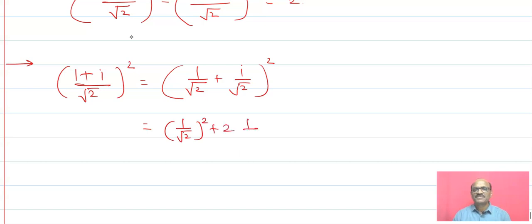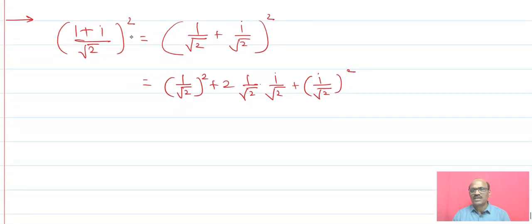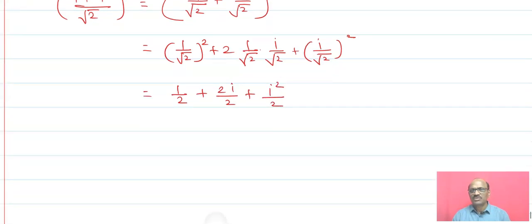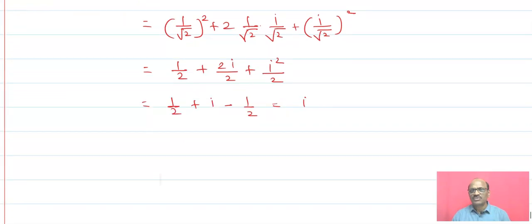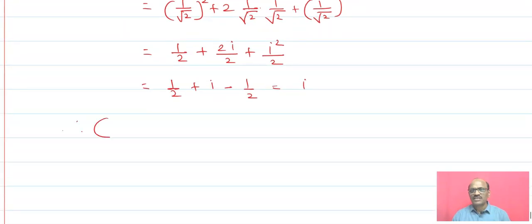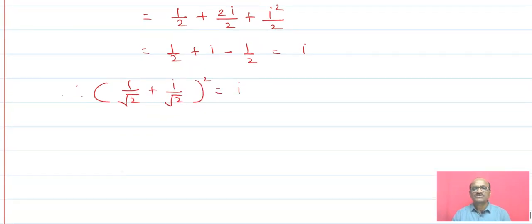Split it up and square it. (1/√2)² plus 2 times (1/√2)(i/√2) plus (i/√2)², that is 1/2, 2i/2, i²/2, that is 1/2 + i − 1/2, and that is equal to i. Therefore, (1/√2 + i/√2)² is equal to i.